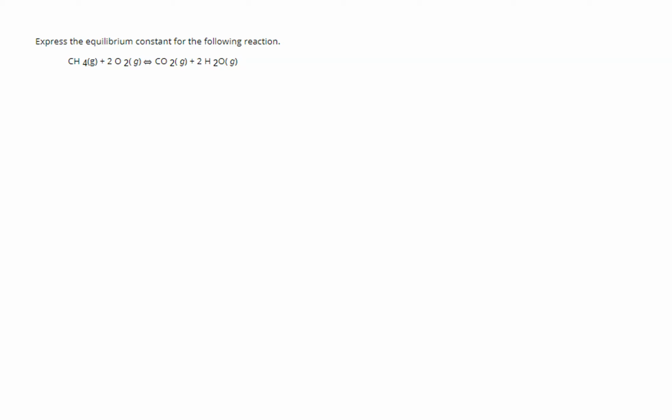So, to start this out, you'll have to excuse the tablet handwriting here, but remember, for any generic reaction, a equivalents of A plus b equivalents of B is in equilibrium with c of C plus d of D. You can express the equilibrium constant for that as Kc is the concentration of A raised to the a power times the concentration of... wow, I am not starting this off strongly.